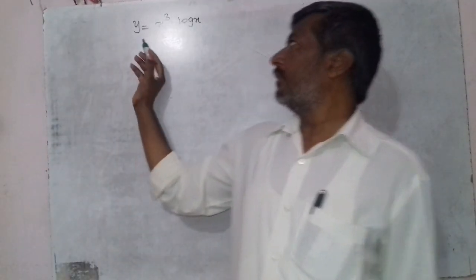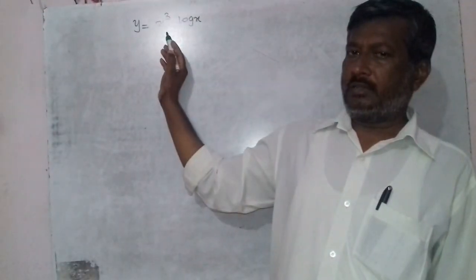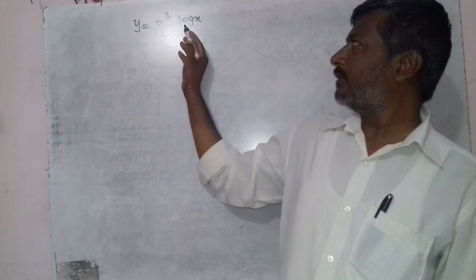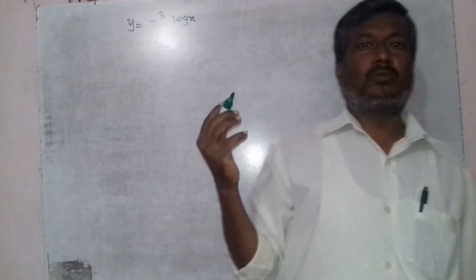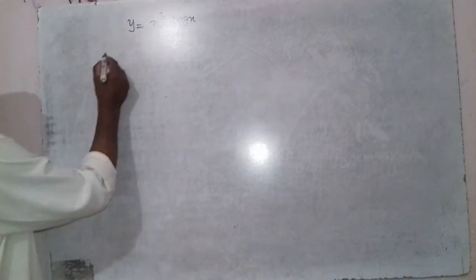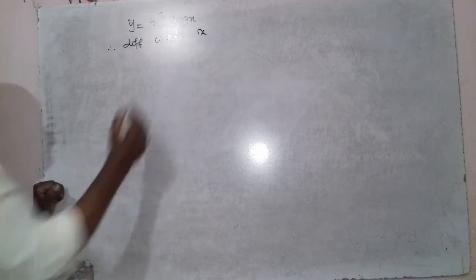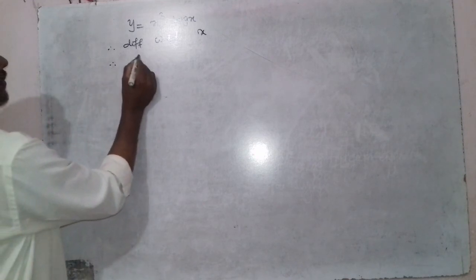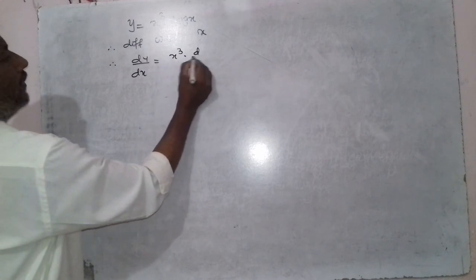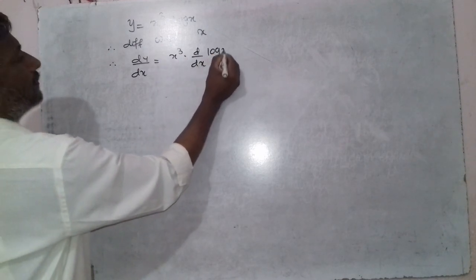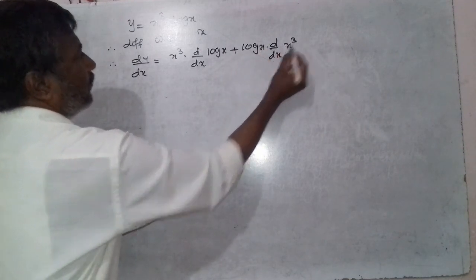Now find the derivative of y equal to x cube log x. Here x cube is one function, log x is another function. Therefore, apply the product rule to find the derivative. Differentiate with respect to x. Therefore, dy upon dx equal to x cube d by dx of log x plus log x d by dx of x cube.